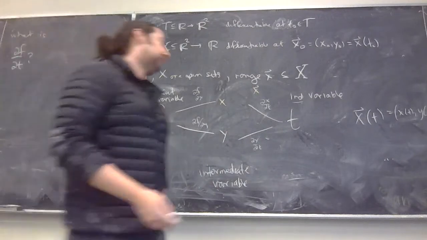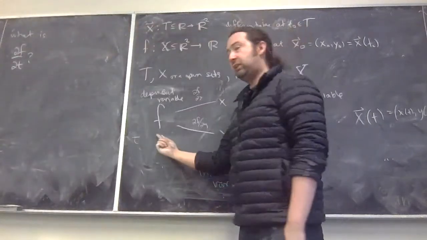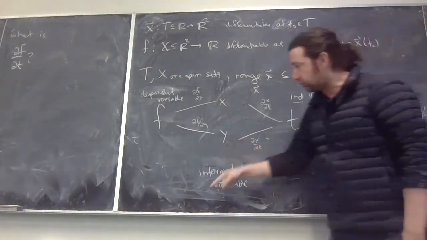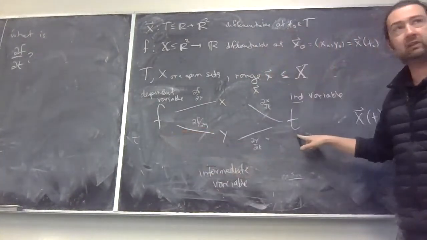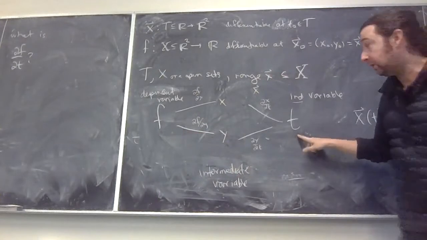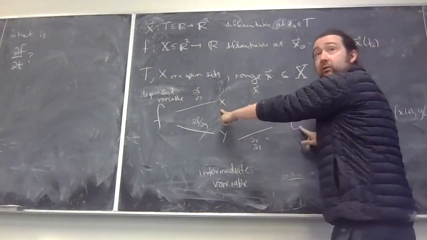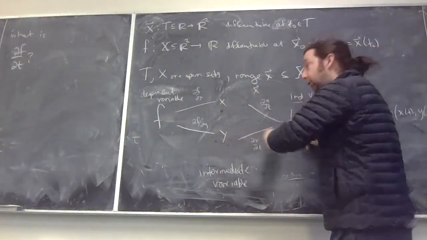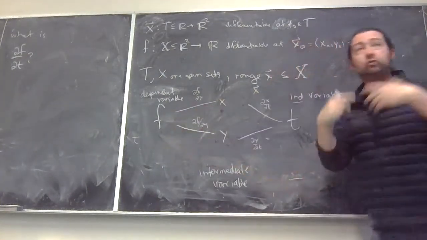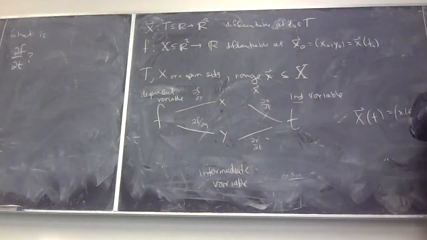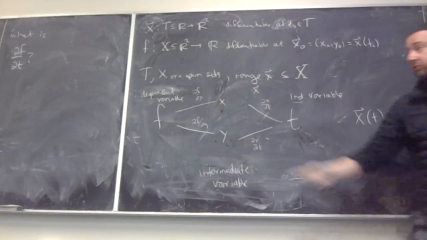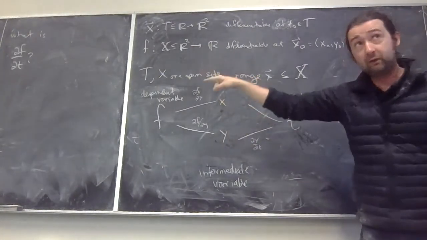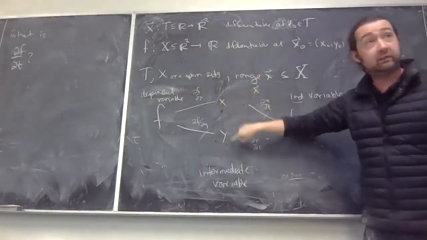It turns out that to measure the total change in f with respect to change in t, I have to add together the change in f that's induced by going through x with the change in f that's induced by going through y, right? Both of these pathways contribute to the change that f is experiencing. f is wiggling in response to both of these variables. So if I want to study its derivative, I have to account for both of these.